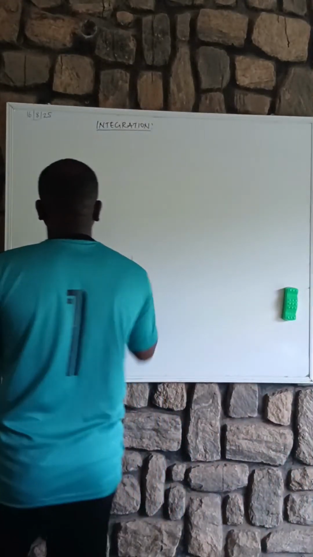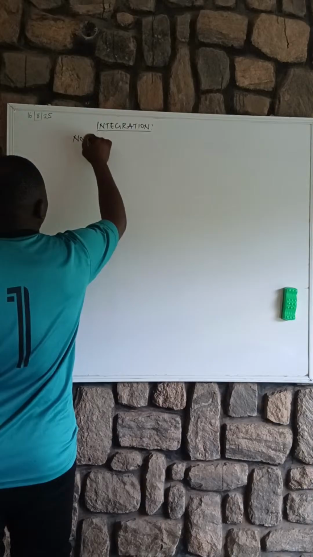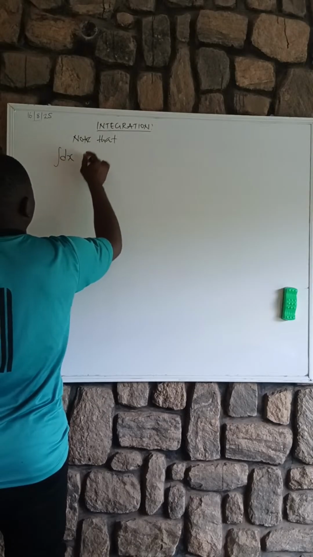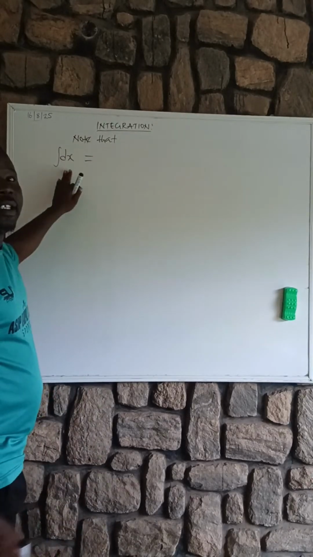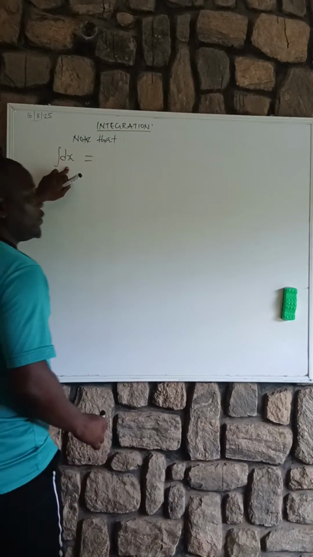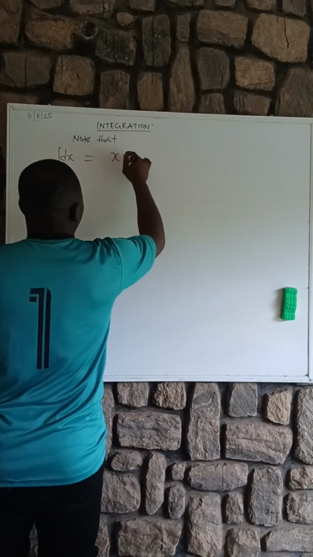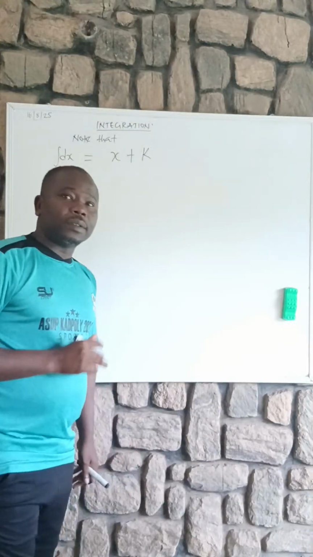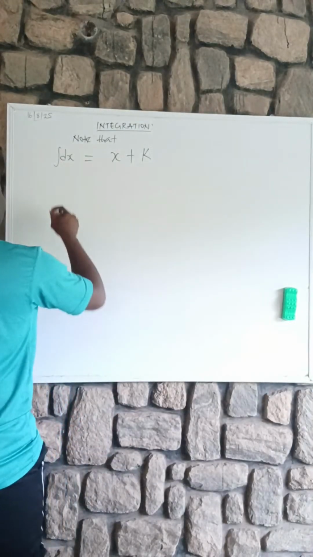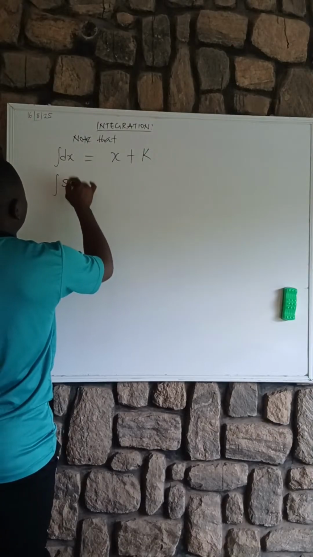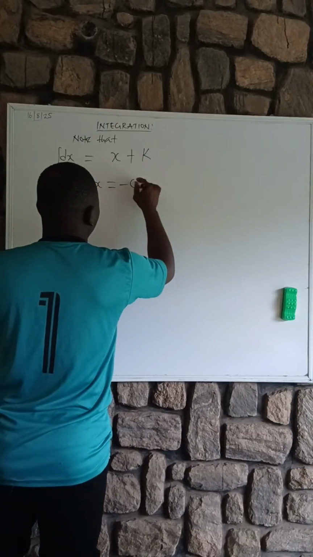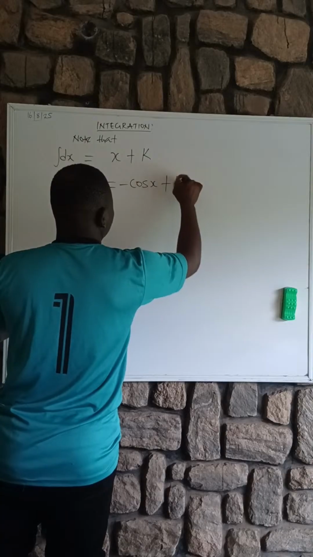Okay, I want us to note that if you are to integrate dx, whenever you integrate dx, you will have x plus a constant, either k or any alphabet. Take note. Do you understand? If you are to integrate sine x dx, you have minus cos x plus any constant.